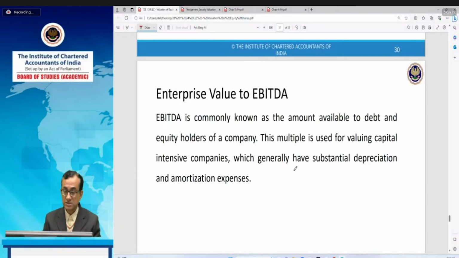Students, this second sentence is important: enterprise value to EBITDA is used for valuing capital intensive companies where more capital is required, for example manufacturing companies, which generally have substantial depreciation and amortization expenses. So in case of those companies, the enterprise value to EBITDA is useful.